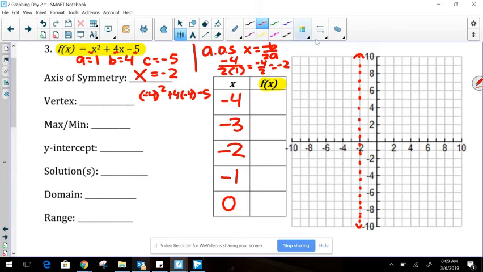So parentheses, negative 4, parentheses, squared, plus 4, parentheses, negative 4, parentheses, minus 5. For this one, you should get negative 5. Then when you type in the bottom one here, 0 squared plus 4 times 0 minus 5, those two are going to cancel, leaving 0. So I also get negative 5 for the bottom one.